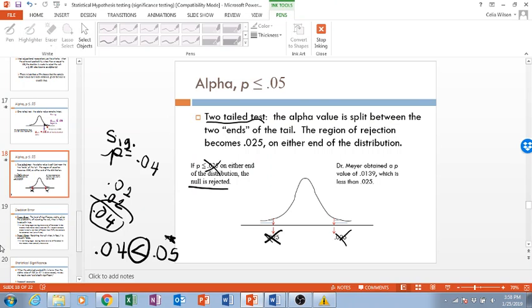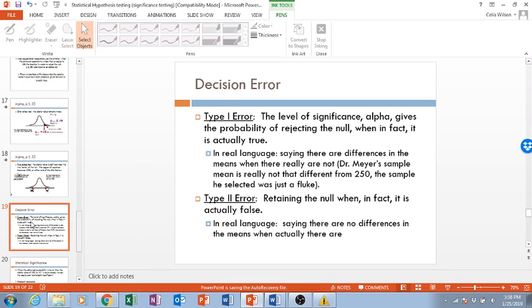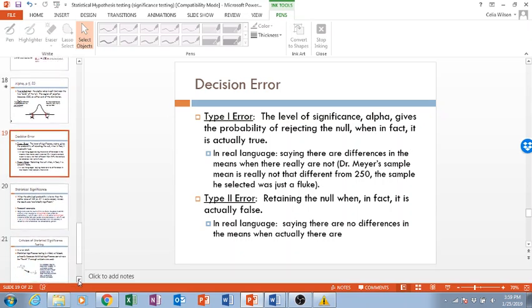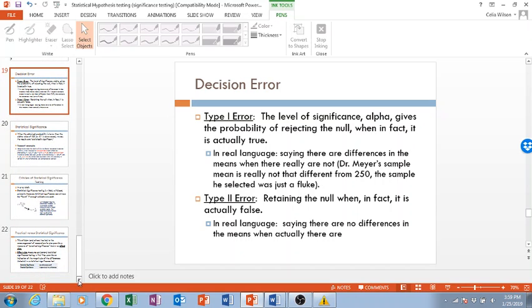Okay, we have a couple of different types of errors. Wouldn't you know it? We can always make a mistake, right? We can have such a fluky sample that it messes with our results. So think about Dr. Meyer. What if Dr. Meyer, unknown to him, pulled a sample of 25 GT homeschooled students, and that's why they got a mean of 272, not that the general homeschooled mean is actually different from 250.